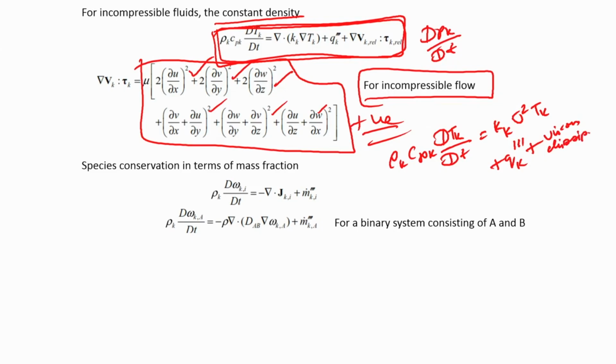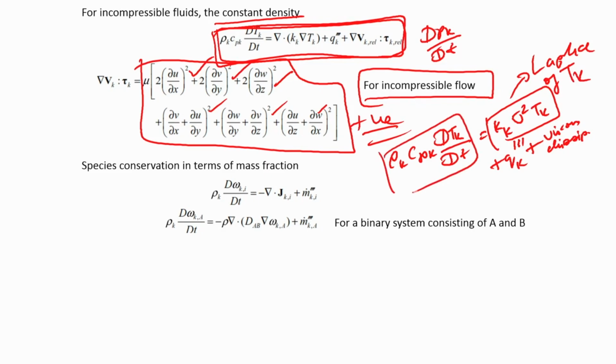Got it? Okay. So, this is nothing but the Laplacian of the temperature Tk, correct. This is the convective derivative once again. The heat generation term in many cases can be equal to 0, and the viscous dissipation term in many cases can also be equal to 0, right.